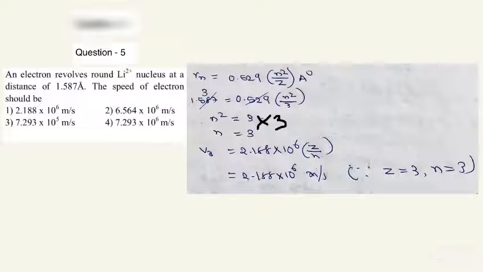Now by substituting into the velocity formula, 2.188 × 10^6 × Z/n, we already know Z and we already know the n value. Substituting that, we get the velocity of the electron as 2.188 × 10^6 meters per second.